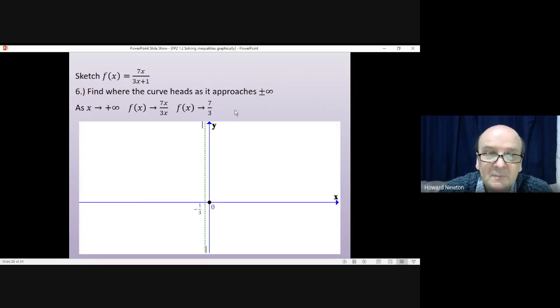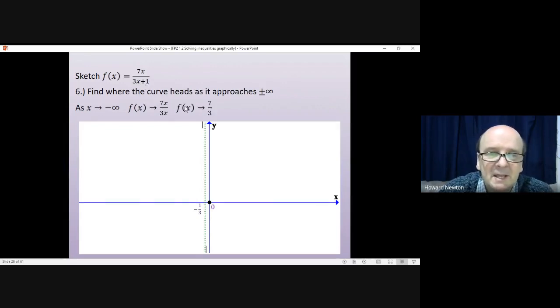We'll check what happens for minus infinity. Normally you get exactly the same thing. As x tends towards minus infinity, again, the function will just tend towards 7x over 3x. It'll be a minus over a minus, but they'll cancel to give you a plus. And again, the plus 1 becomes trivial. So exactly the same thing happens.